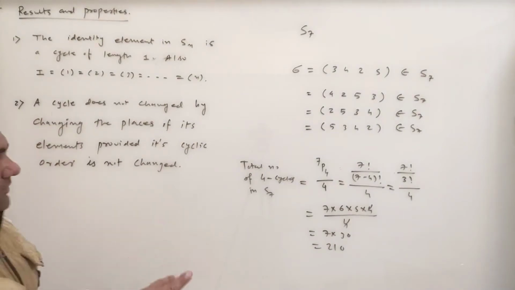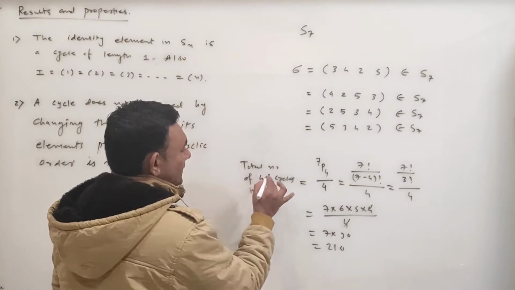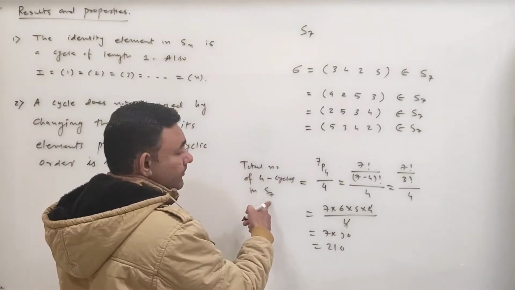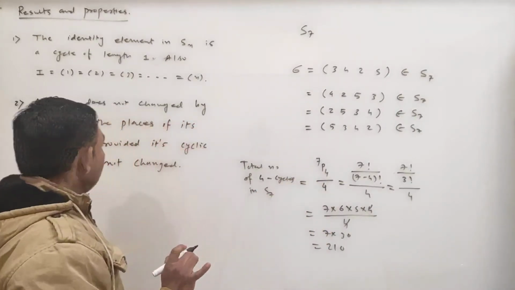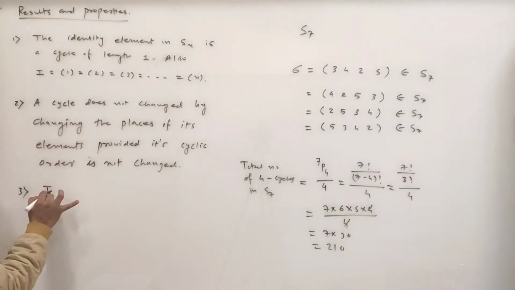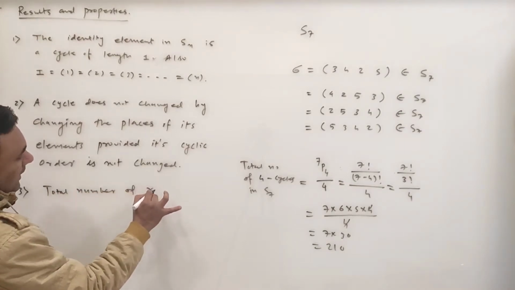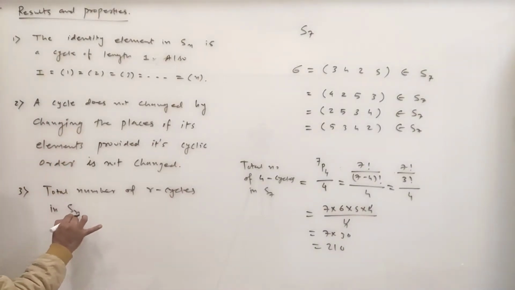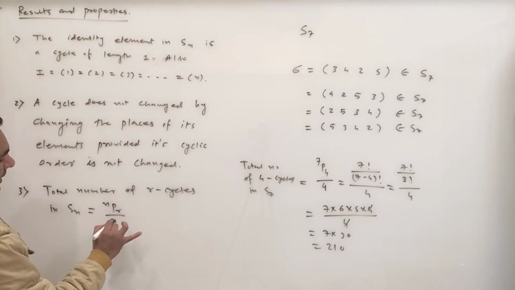Okay, so in general, total number of r cycles, here 4 cycles, so total number of r cycles in Sn is nPr divided by r. So let me write that third. Total number of r cycles in Sn is equal to nPr divided by r.